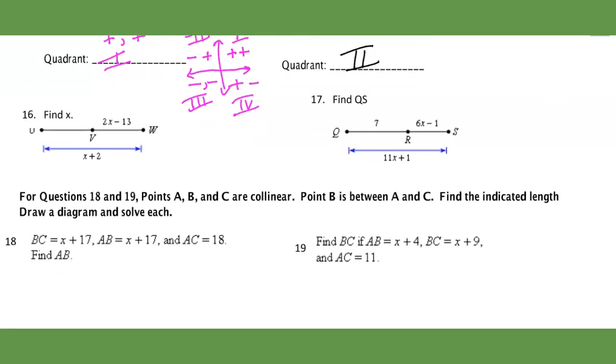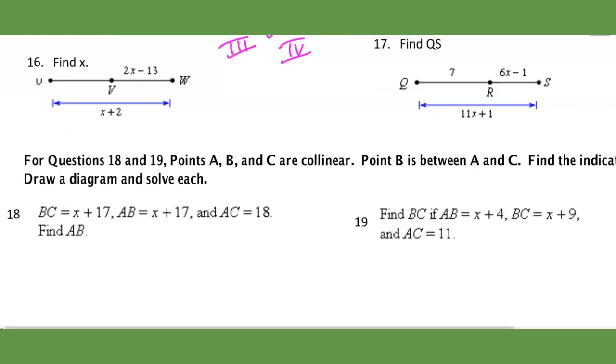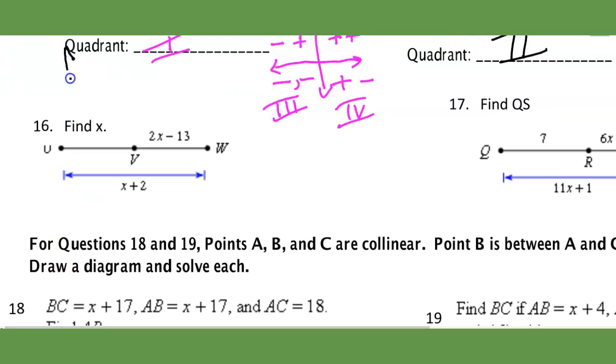All right, let's go down to 16. We're going to find x. We need some additional information, and let's say right here is going to be a length of 4.